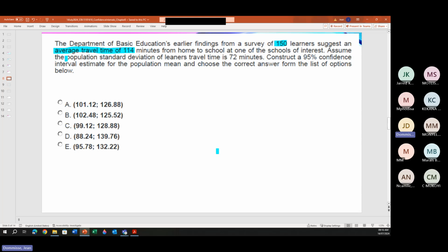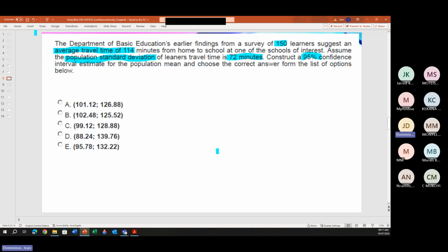Assume the population standard deviation of learners' travel time is 72. Conduct a 95% confidence interval for the population mean and choose the correct answer from a list below.